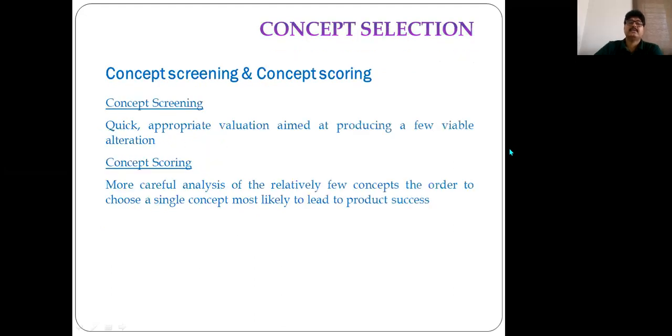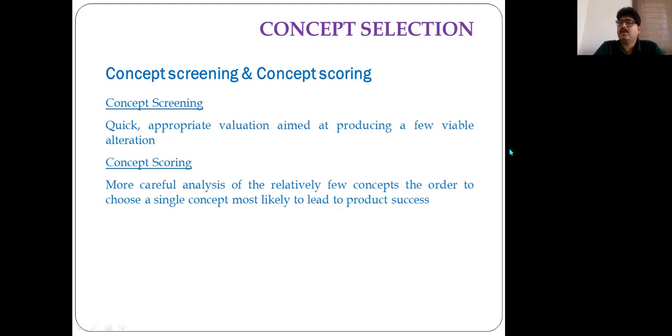So this concept selection is happening in 2 phases. One is concept screening, the other is concept scoring. Concept screening takes care of reducing a large number of concepts to a smaller number by proper comparison, using either the 4 categories approach or bingo selection.